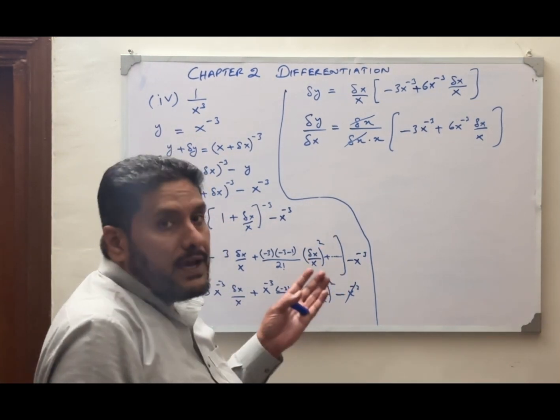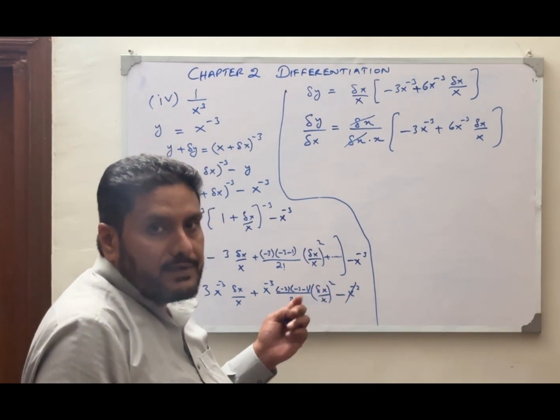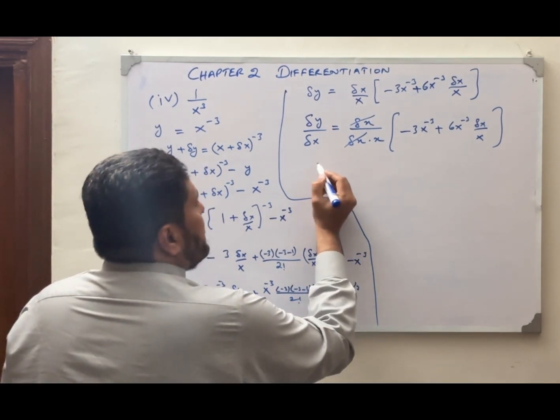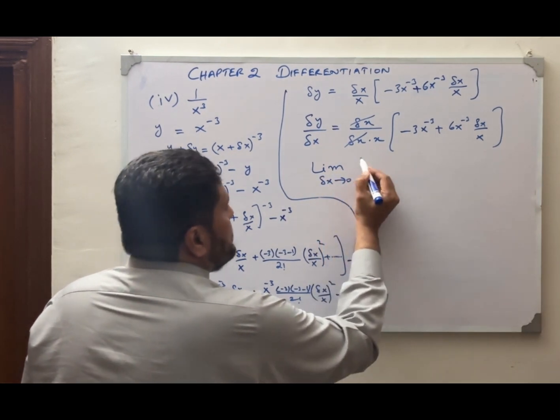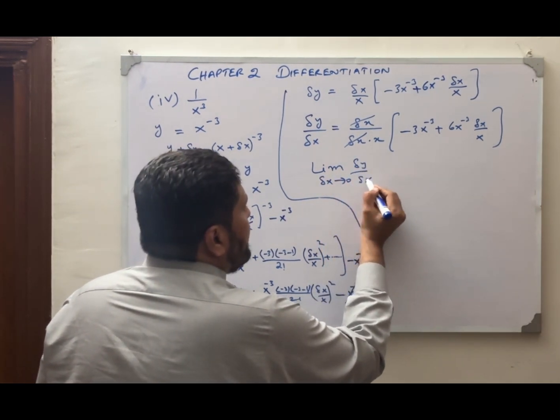Then after that we have to apply the limit on both sides of the equation. So by applying the limit, we have limit delta x approaches 0 of delta y by delta x.